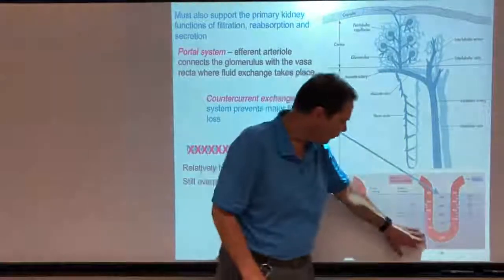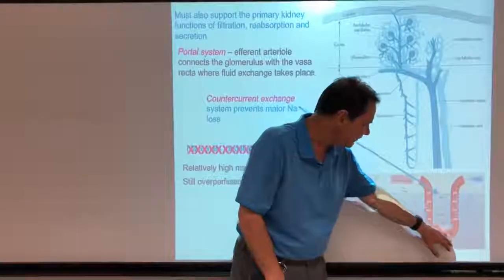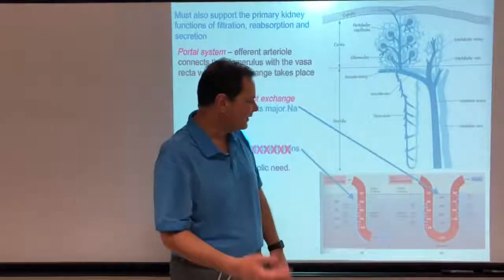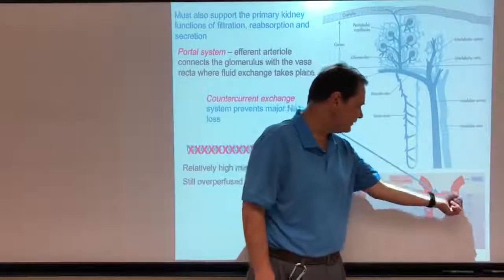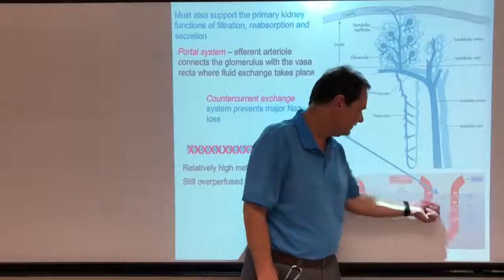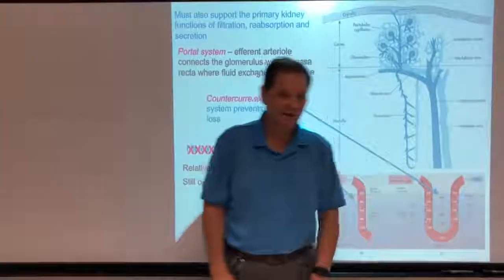So more and more sodium accumulated as you go down, but then that sodium comes back out as you come back up. So this is another example of countercurrent exchange where sodium can leave here, be accumulated here, and then leave here again. Okay, so you have countercurrent exchange of sodium from one side to the other.